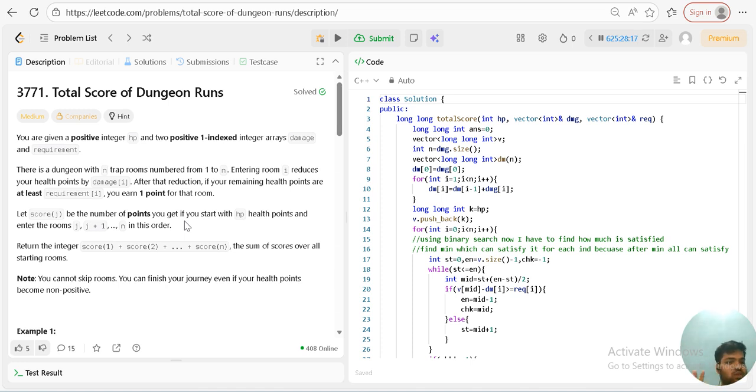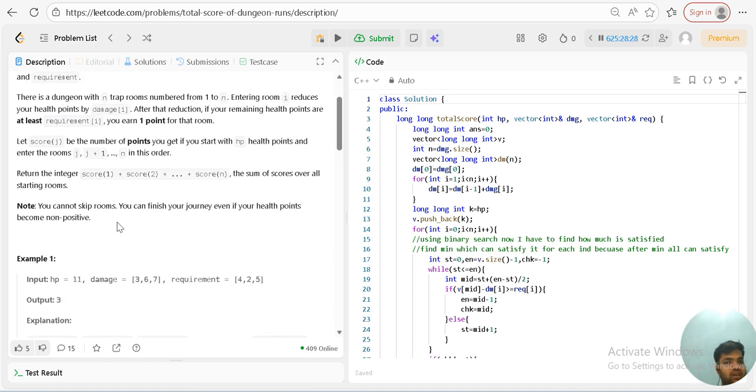So let's score. The problem is that we have to find score of 1, 2, 3 up to n. We have n rooms. For score 1, we have to find that if we start from room number 1, we move till n.